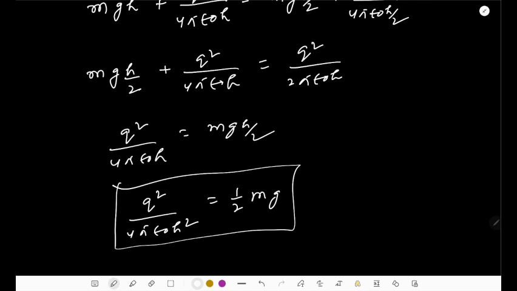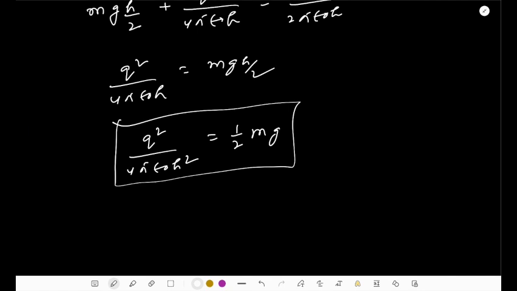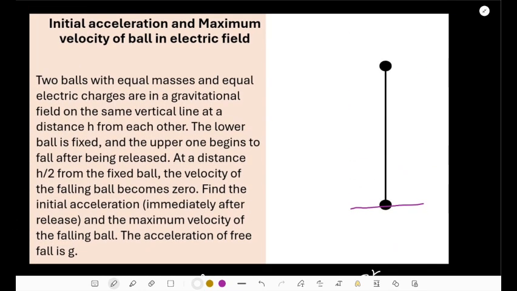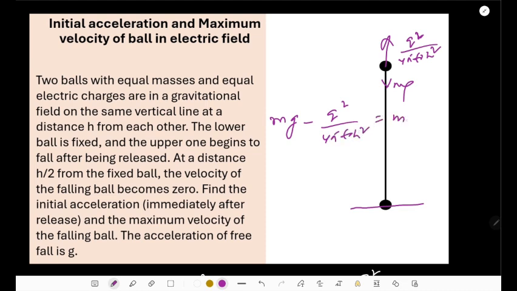And you can see the initial acceleration of the falling ball is equal to g by 2, because at the very initial moment there will be forces mg and the electrostatic repulsion, exactly q square by 4 pi epsilon naught h square. We can write mg minus q square by 4 pi epsilon naught h square equal to ma at the initial moment.